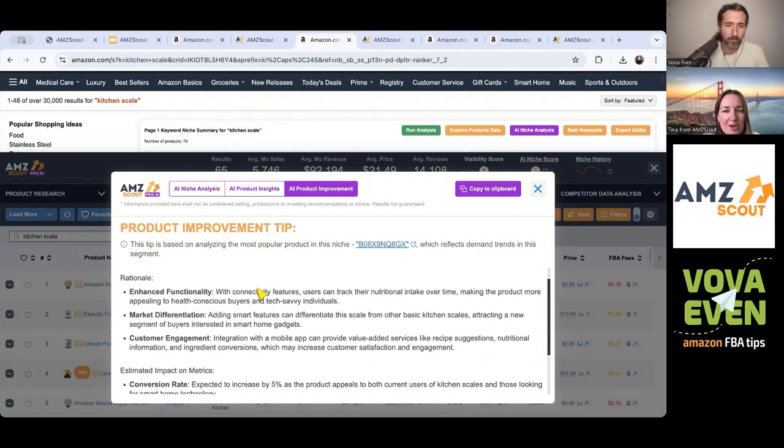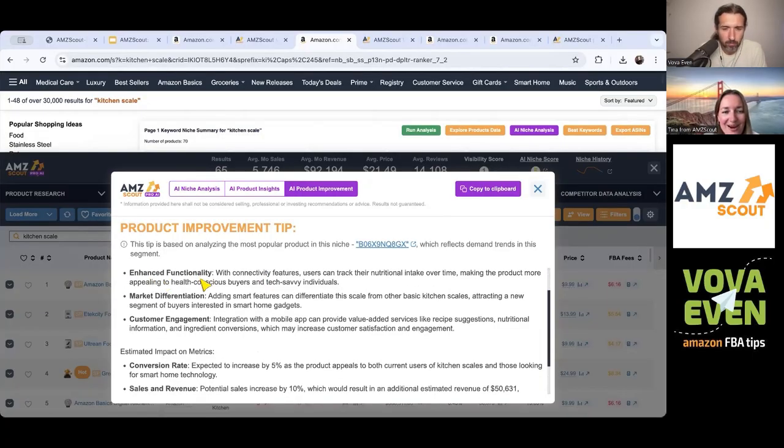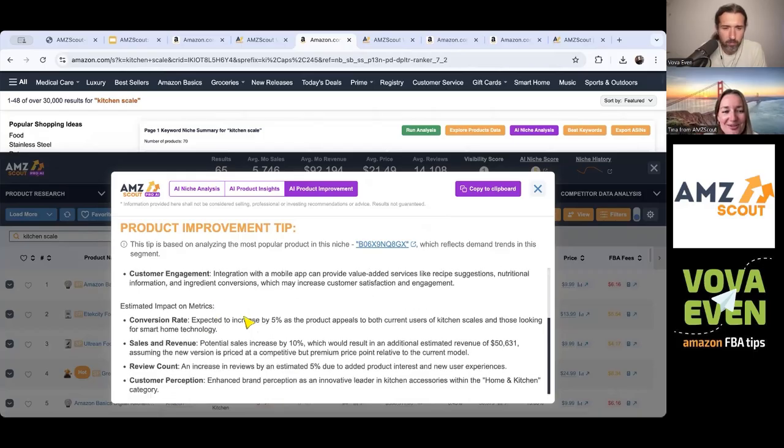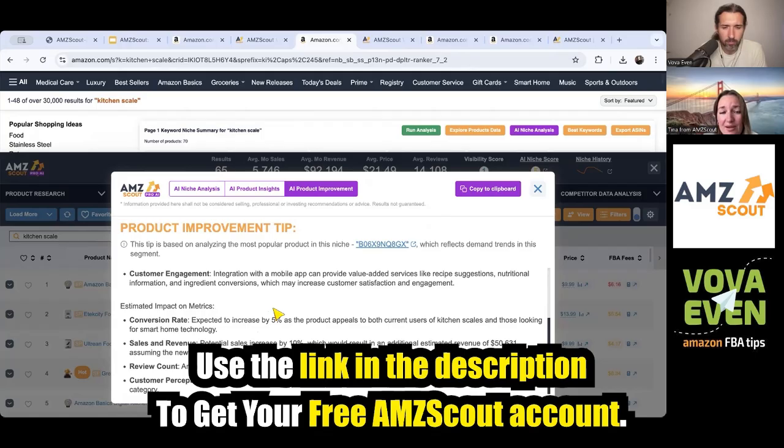Well, I'm closing it. By the way, it even gives the rationale why you should enhance that functionality and the estimated impact on metrics. It's all estimated, as it says, but it can actually increase the conversion rate, sales, review count, and customer perception.